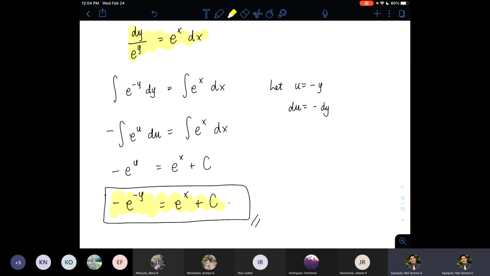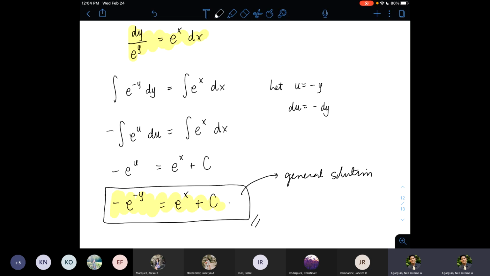And you see that this solution is not just a single function, but it is an infinite family of functions, because you can give any value for c, and still you get a solution. And that's why we call such a solution a general solution, because this gives us a representation for all possible solutions to the DE, right? So you can put in an arbitrary value for c, and that's also a solution, right?